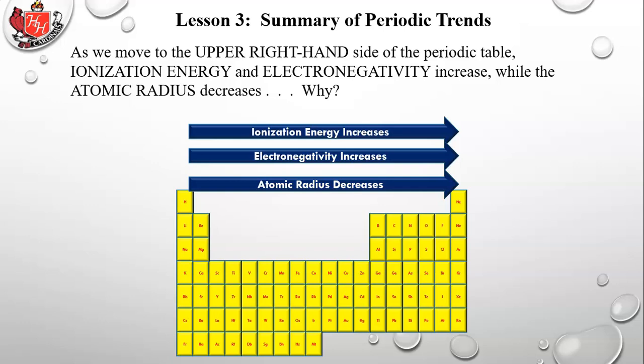And so that makes it harder to pull the electrons away from the element with the most protons. That would be fluorine. Fluorine is better at pulling in outside electrons because of the number of protons, and the atomic radius is smaller because the electrons that it has are pulled in tighter. And so comparing fluorine to lithium, ionization energy increases, electronegativity increases, and atomic radius decreases.